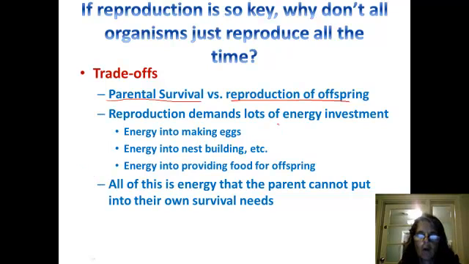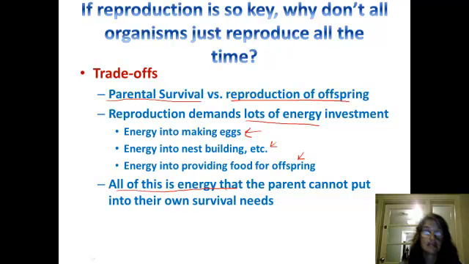Reproduction demands a whole lot from the parents. The energy that goes into making eggs is very, very demanding on a female. The energy required to build a nest, for example, and of course providing food, serious energy demands. If a parent is putting all that energy into offspring, they cannot take care of their own survival needs.